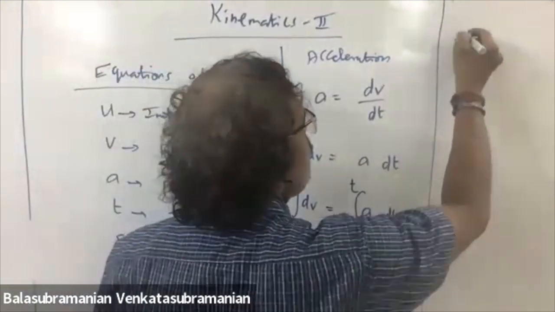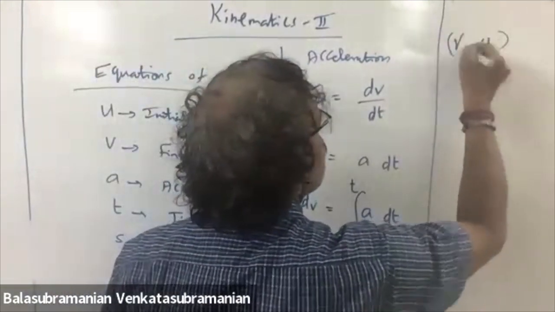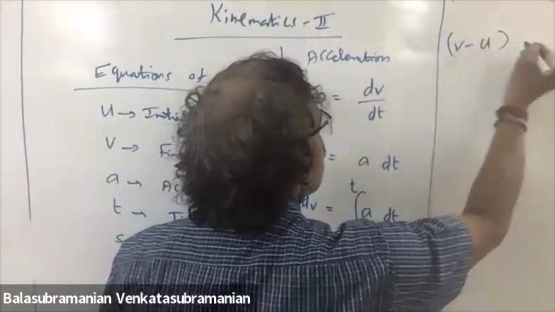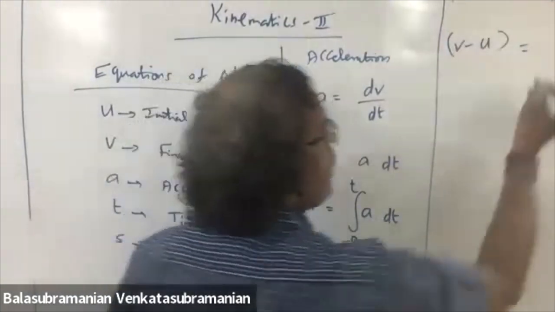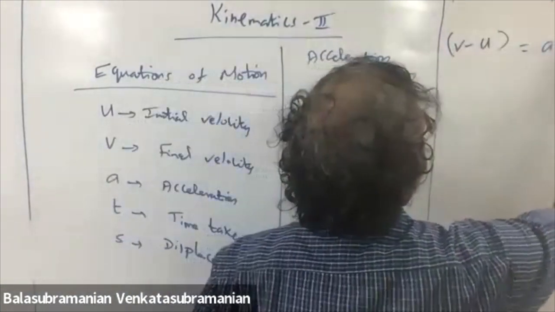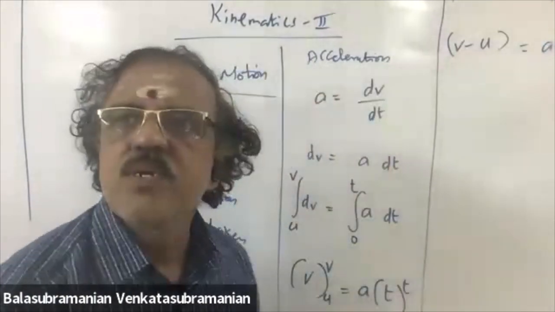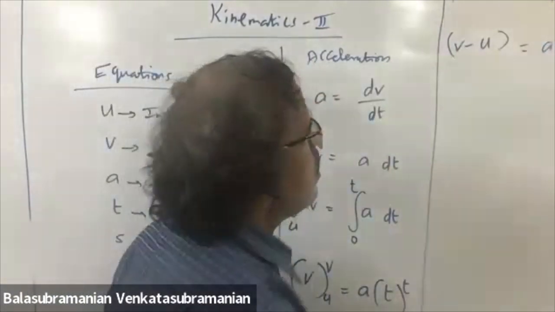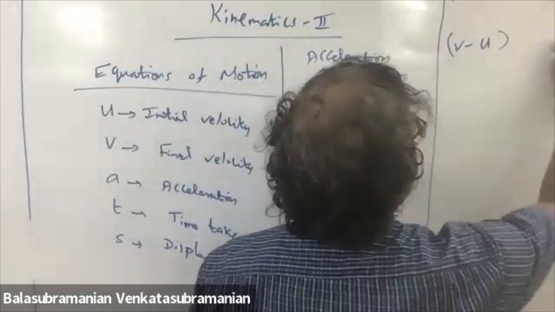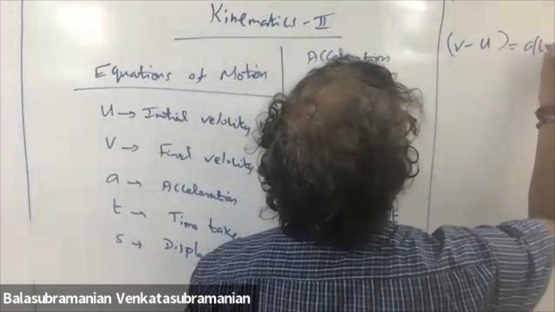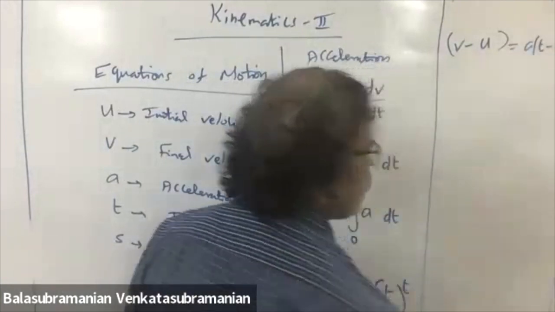Upper limit v minus lower limit u is equal to a into upper limit minus lower limit, that is a into t minus 0.